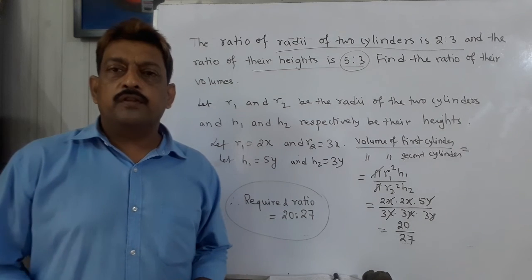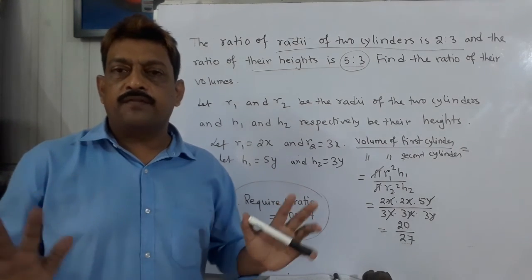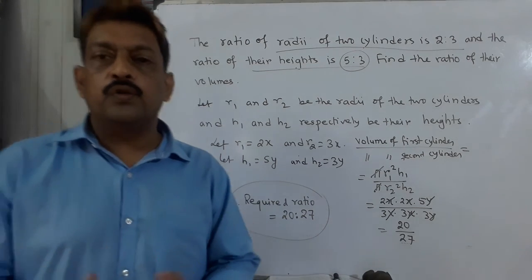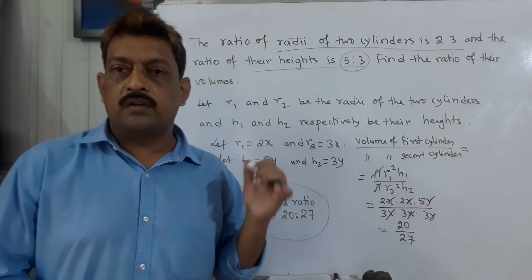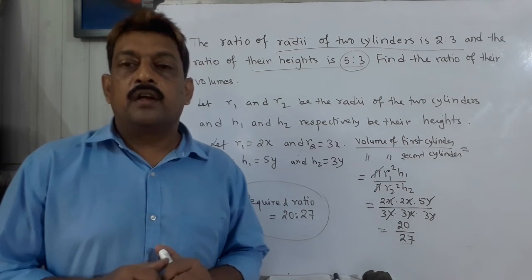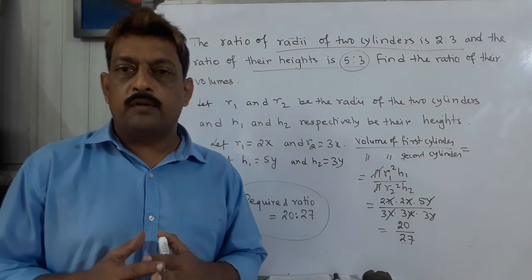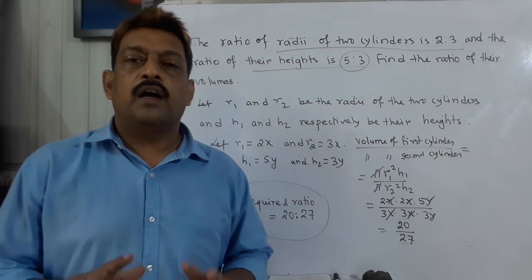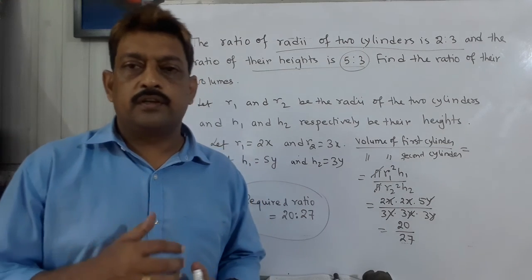So that's all for the class today as well as the chapter. We have finished the chapter. We have solved many problems, and I hope you go through all these problems from the very first day of this chapter till date, and after going through all these problems your concept will be totally clear, and then you will get enough confidence to solve any problems related to this chapter.